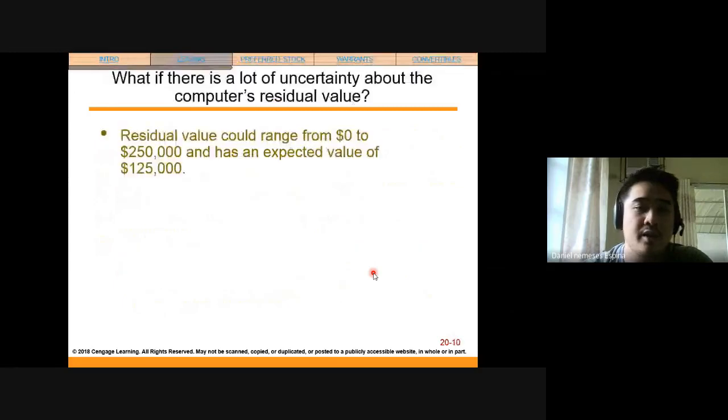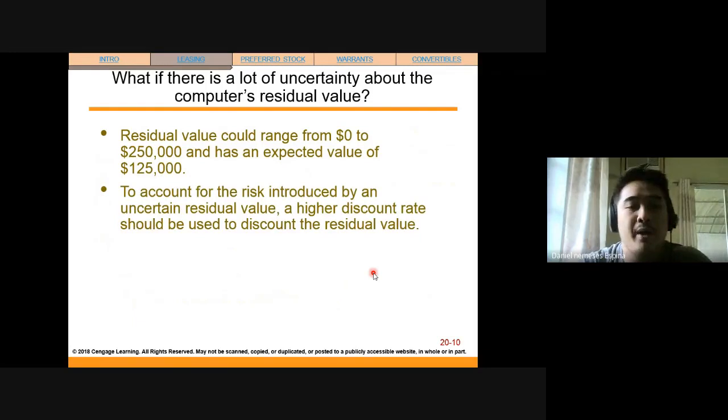So what do we do with this uncertainty? The residual value could range from $0 to 250,000 and has an expected value of probably 125,000.